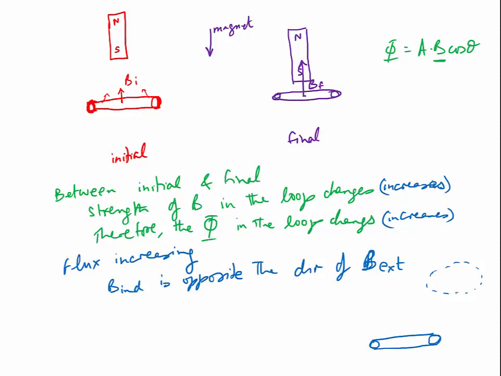There's a near end of the loop, there'll be a far end of the loop on the back, and then there are cross sections here. Because the external magnetic field was pointing up, its direction didn't change. If it changed, I'd be using the B initial direction, so it might be a good idea to always use the B initial direction. And because the direction of B induced is opposite the initial external magnetic field, we know that the B induced has to point down. That's what Lenz's law tells us.